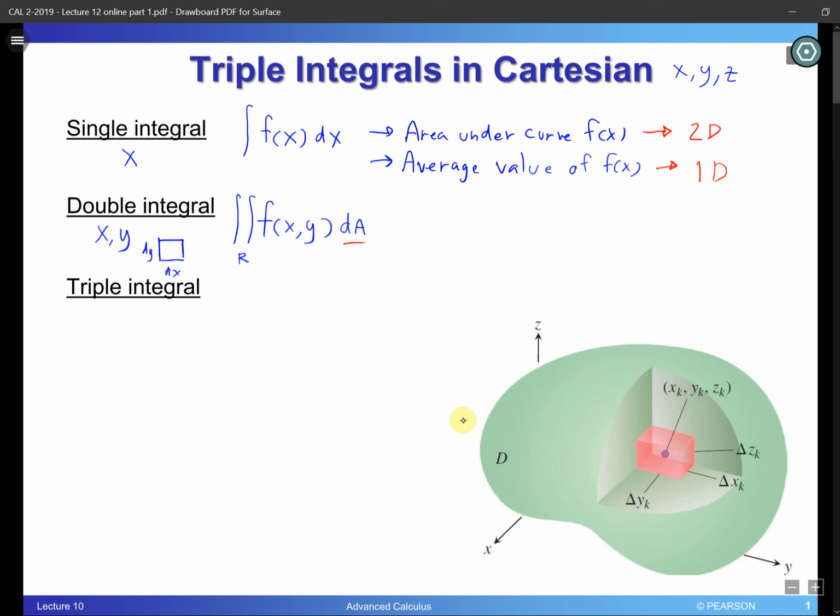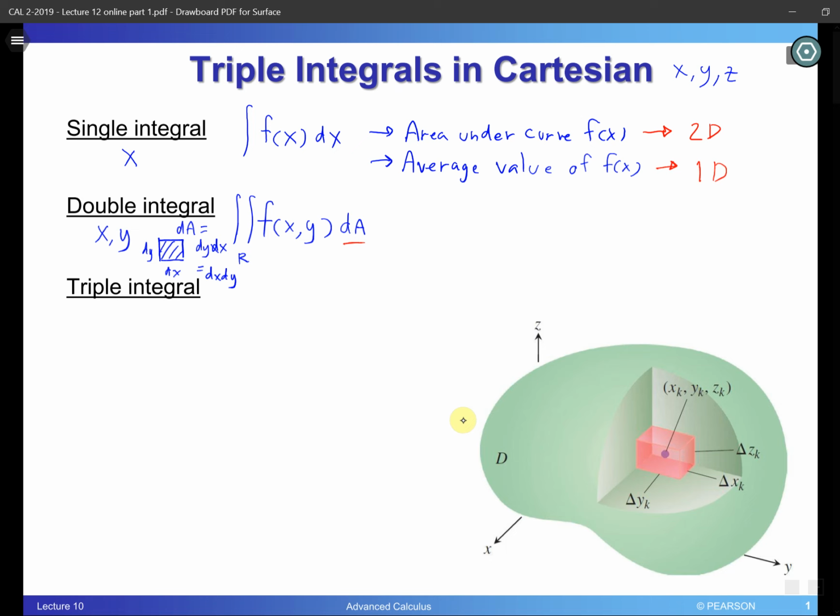And once you multiply them together, it comes out to be the differential area. Differential area equals dy dx and also equals dx dy. You can switch the order of this multiplication, it doesn't matter.